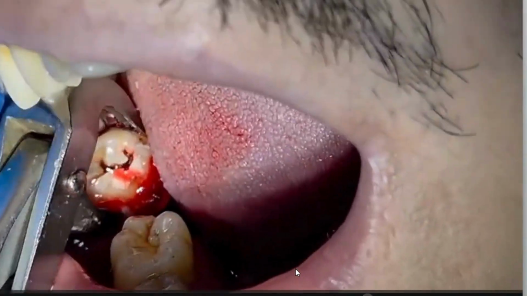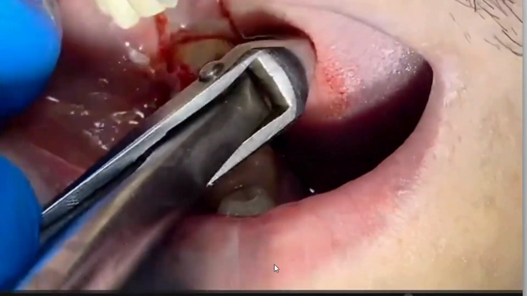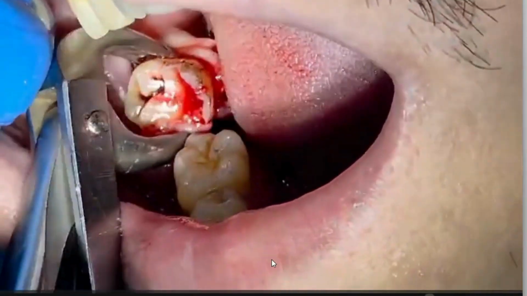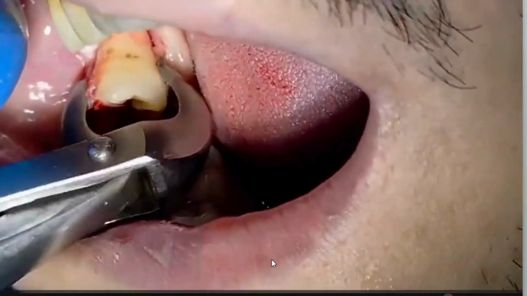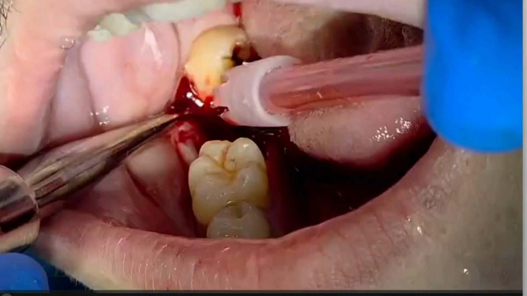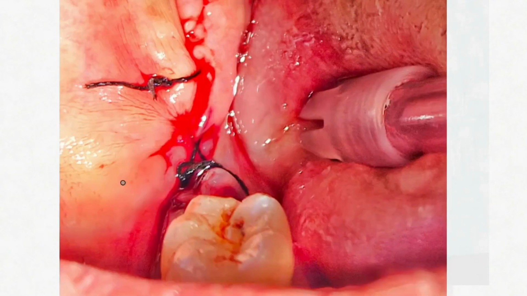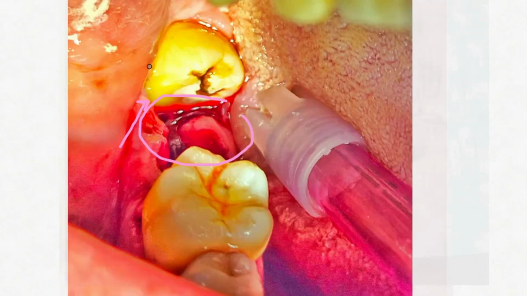So the question is, why did we do that? Why did we extract the 7 first and then extract the lower wisdom? By doing this, we have saved a lot of time. Rather than opening a conventional flap in this area and removing bone, we saved a lot of time. We saved the patient a lot of trauma.